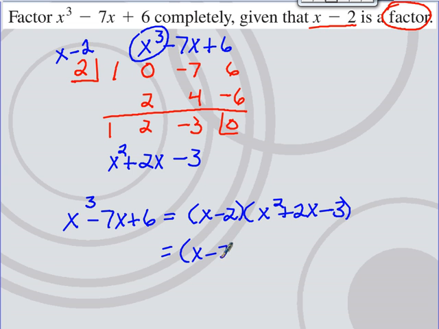X minus 2, 2 sets of parentheses. X times x, adds to give me positive 2, multiplies to give me a negative 3. Lydia, does anything exist? Adds to give me positive 2, multiplies to give me negative 3. Positive 3, negative 1.